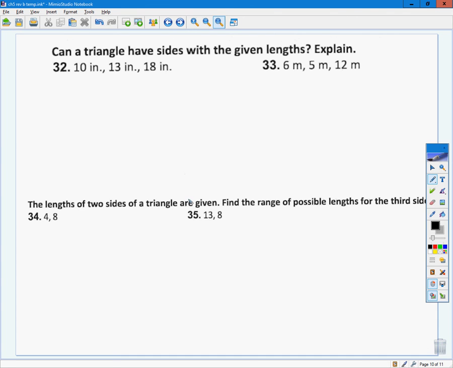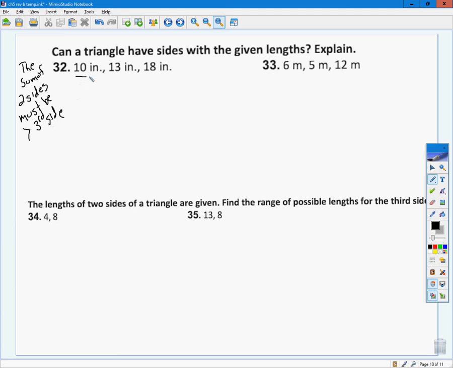If you're explaining whether these can make a triangle, the sum of two sides must be greater than the third side.